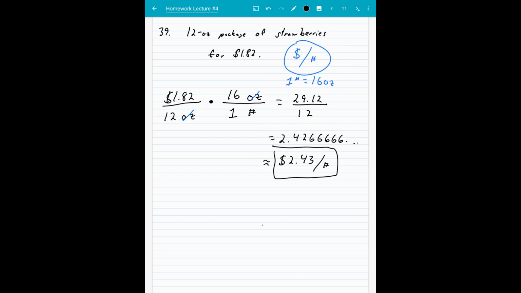Okay, let's look at this other one. This one trips up some people on the quizzes and tests. I always have it on there. And it's because this is introducing a new concept when we're talking about conversions. Number 45 says 1 cup of butter weighs 8 ounces.